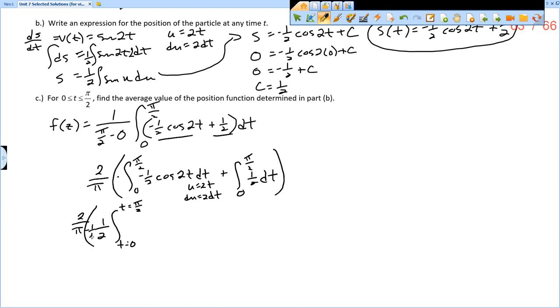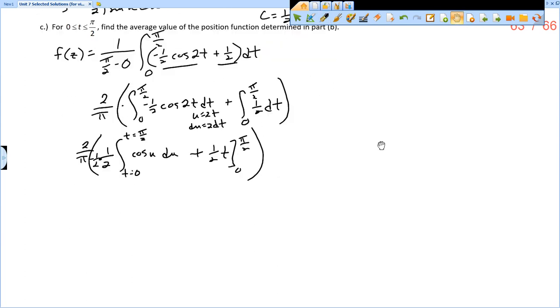So I have a negative 1 half times the 1 half from the u substitution. And then I have cosine of u du. Remember, we put a 2 with the dt and the 1 half on the outside. Then I've got this plus, now this part, so the integral of 1 half dt is just 1 half t, and then we're going to evaluate that from 0 to pi over 2, and then we make sure that the 2 over pi is going to get distributed.